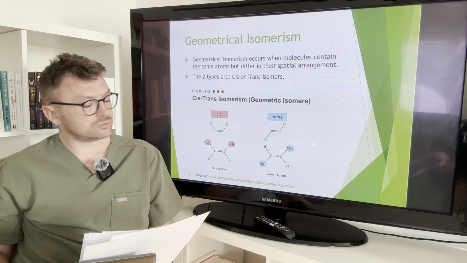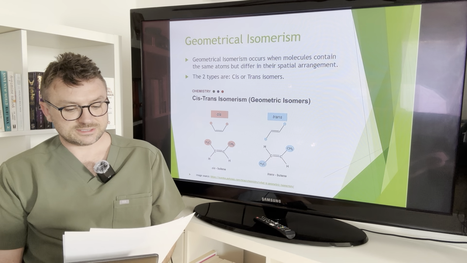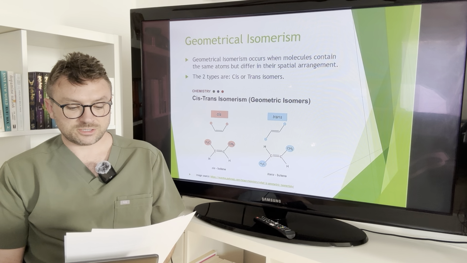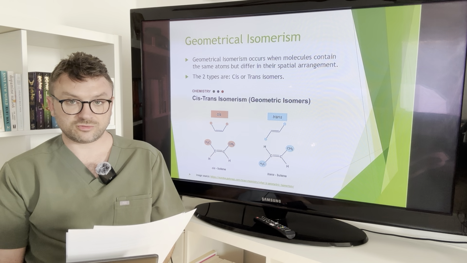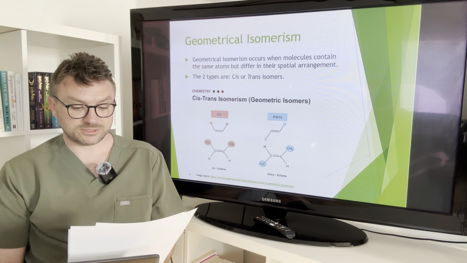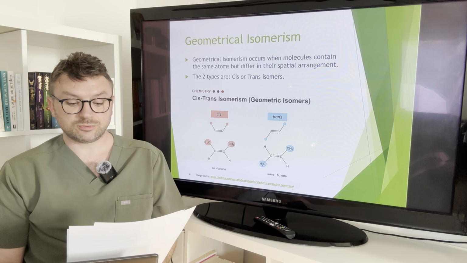Now, we move on to geometrical isomerism. Some compounds exist as geometrical isomers. Geometrical isomerism occurs when molecules contain the same atoms but differ in their spatial arrangement. The two forms are known as cis and trans isomers. In cis isomers, similar groups are located on the same side of a double bond.